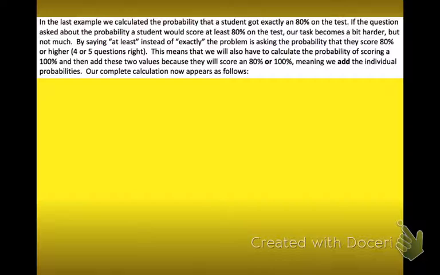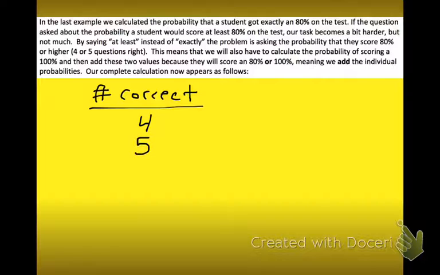So that means that now, instead of just getting the number correct, it can be 4, because that will give you an 80%, or you could get a 5 now, right? Because at least 80% means 80 or above. So this would be 80%, and this would actually be 100%. So you can get either one of those, and it changes the probability just a little bit.